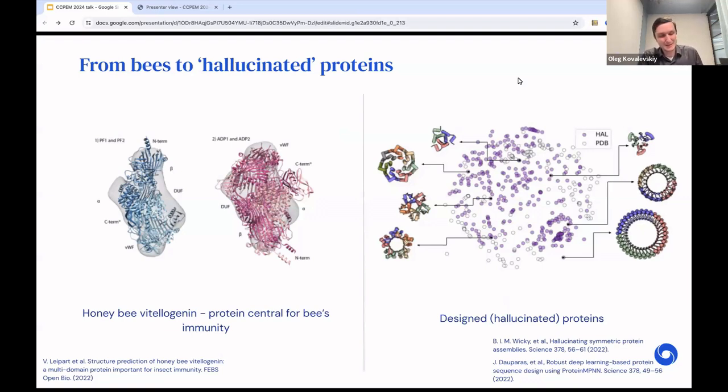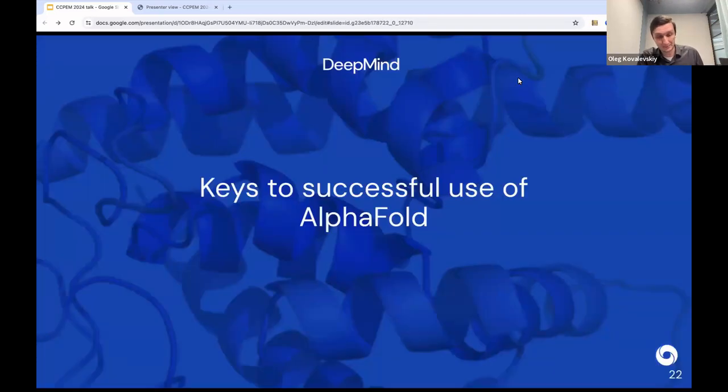Another example is the Baker Lab, which is famous for their protein design efforts, and AlphaFold seems to be useful for prediction and validation of the designed protein structures. So the range of potential AlphaFold applications is enormous. If you work with proteins or genes, you can ask the question: how can AlphaFold be useful for my project? And you can get very creative.